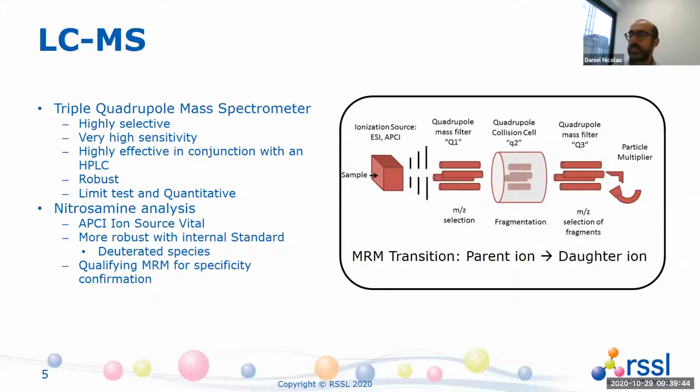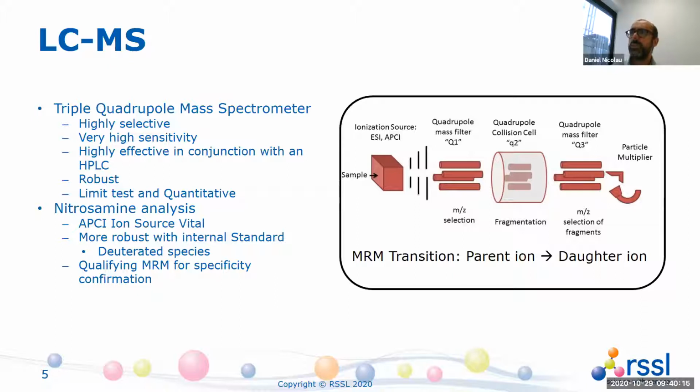The illustration on the slide here, hopefully, will explain the importance of this triple quad mass spectrometer. An HPLC is very useful in allowing you to separate certain species on the HPLC column, but sometimes that's not necessarily possible. The mass spectrometer gives you an additional filter to make sure that you are looking at the very specific compound that you want to observe.